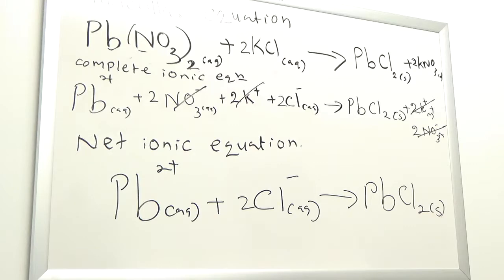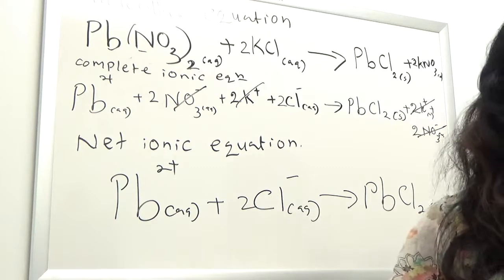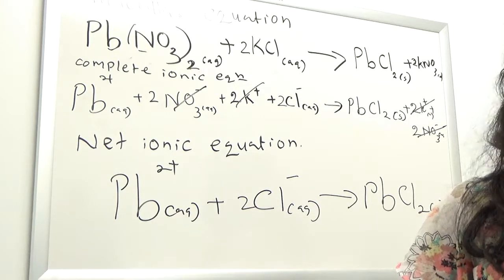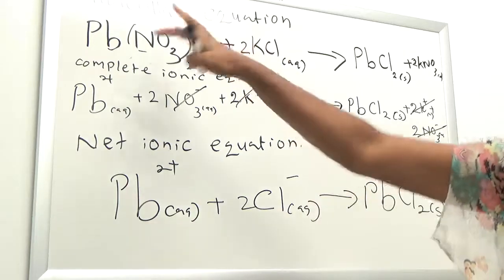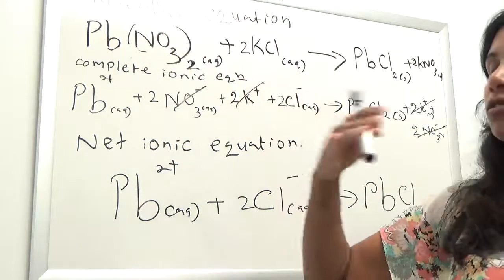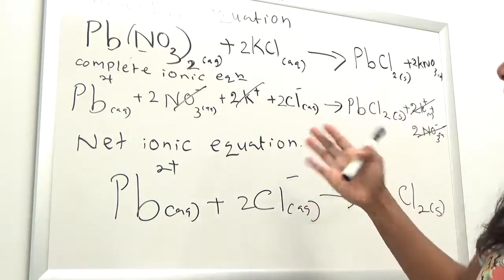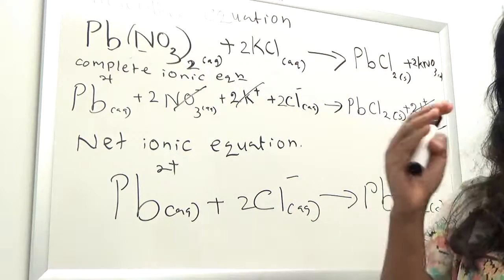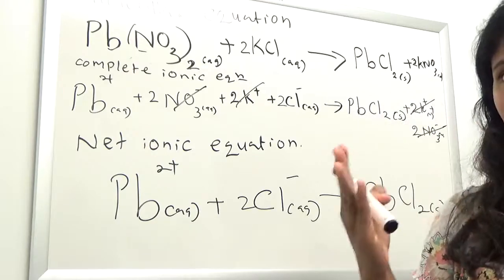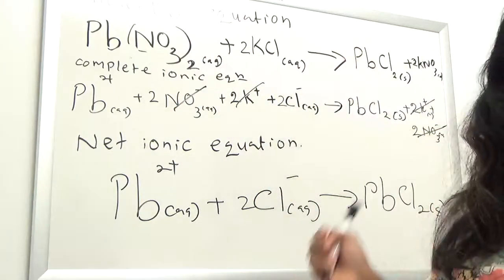So in this section, we learned how to write the molecular equation, the complete ionic equation, and from there we got the net ionic equation. Always keep in mind, to write the molecular equation, you need to know how to write each chemical formula, then you determine the products by looking at the cations and anions in each reactant, and then you balance the equation.